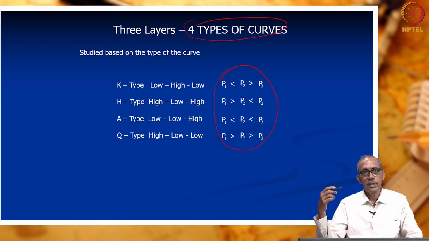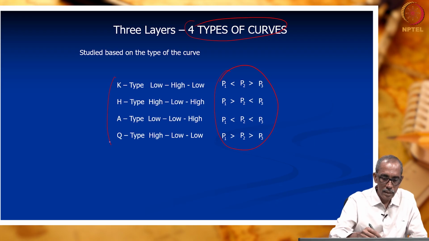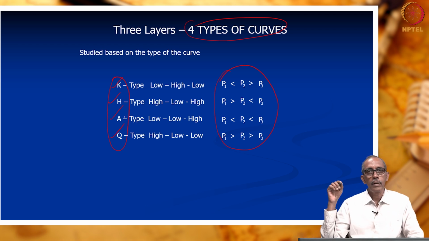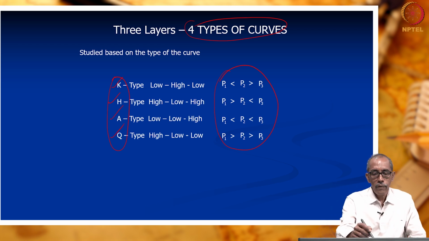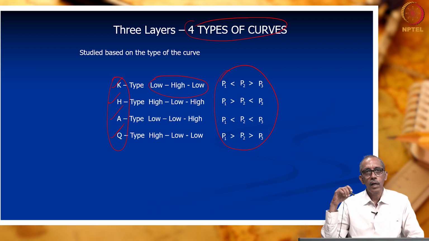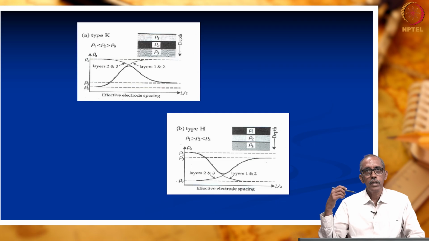Accordingly, as a convention, these curves are named after some letters as K type, H type, A type and Q type. If the resistivity varied something like this, then it is called K type, which is also pictorially shown here.